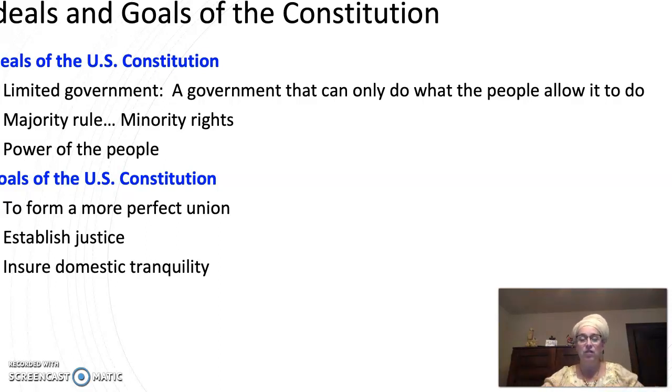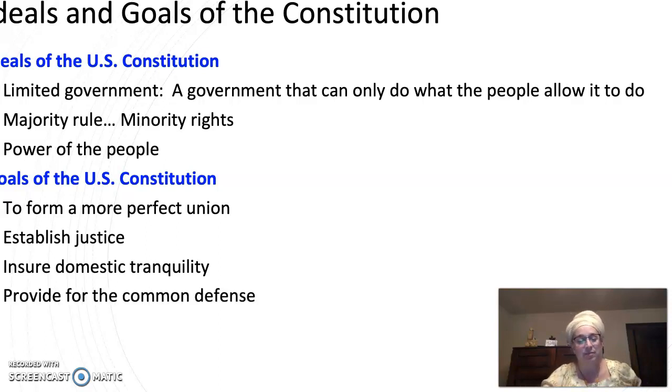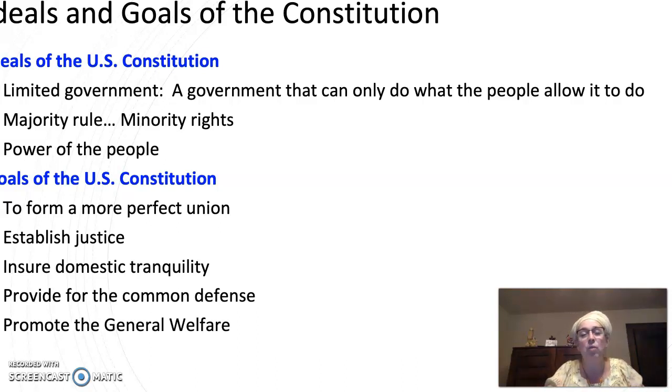They don't want those divisions or things that came later like the Civil War, right? Provide for the common defense of the whole, the collective. You know that the strength of the parts is always much more so than the individual. And they wanted to promote general welfare with this Constitution. They want to set up a system that's going to help everybody who's in the country. Lastly, the securing of the blessings of liberty.